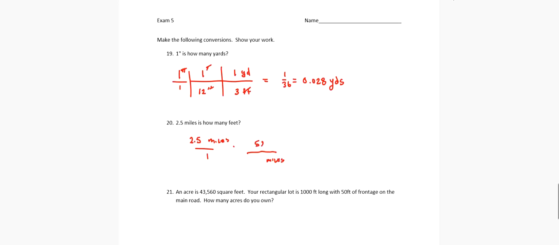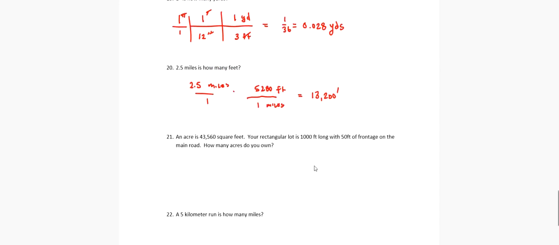So 5,280 feet per 1 mile. So 2.5 times 5,280 is 13,200 feet. And finally, I guess it's not finally, we've still got a lot more to go.